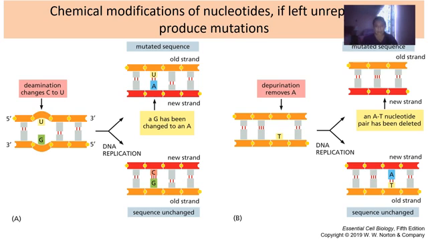On the other hand, you have a situation where it's depurinated, or where you have a removal of A because of depurination. In this case, one of the new strands again remains unchanged and has everything the same, but the second strand where the A was removed due to depurination, now when it's replicated is going to be missing that base pair entirely.